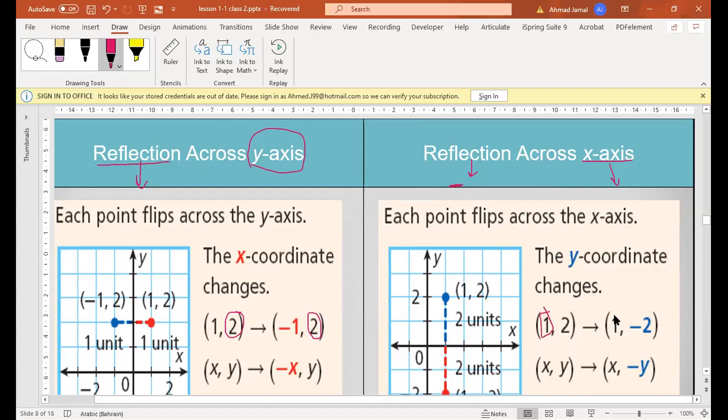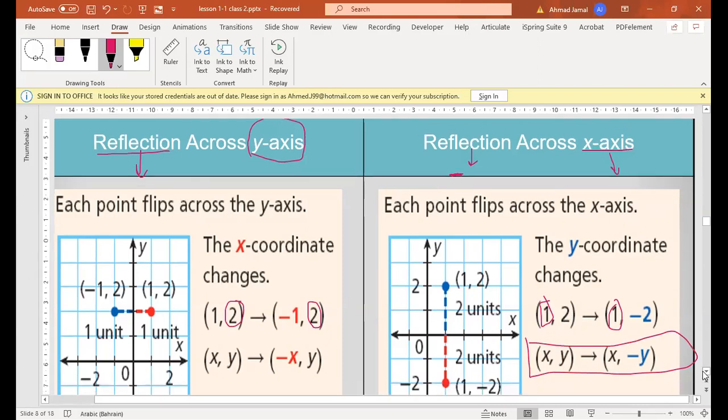I will write x as it is and then change the sign. Again, reflection across the y-axis, I will write y as it is and change the sign for x. Reflection across the x-axis, I will write x as it is and then change the sign for the other one. You can remember by using this formula or rule. Okay.